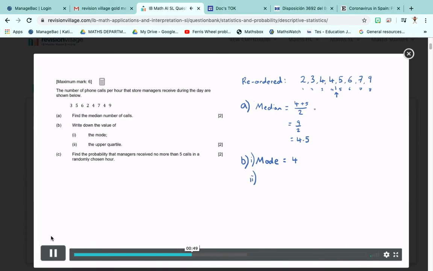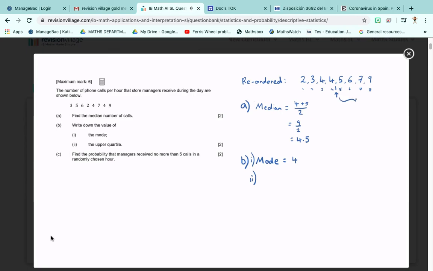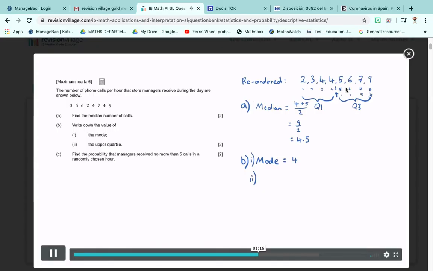So what we're going to do is we're going to focus on both the left-hand side of the median and the right-hand side. And the left-hand side will obviously include the first quartile of data, which is where Q1 will occur. And then the right. If you had a long list of data like this, this would be the easiest way to do it. You're going to look at how many numbers you've got, find the median, and then you're going to split both sides in half.